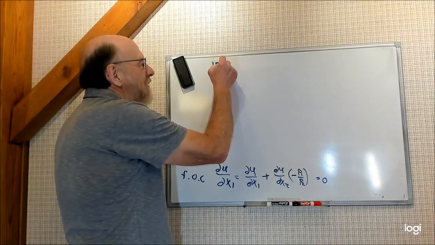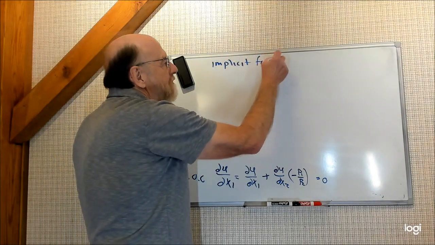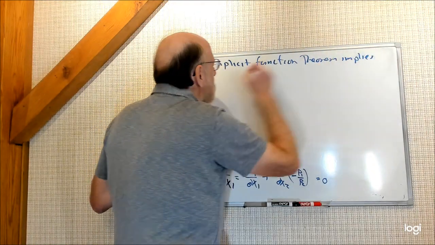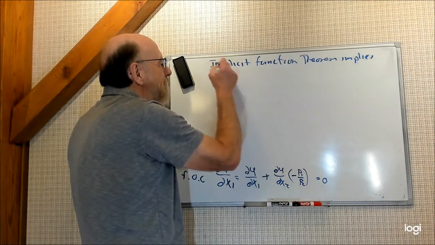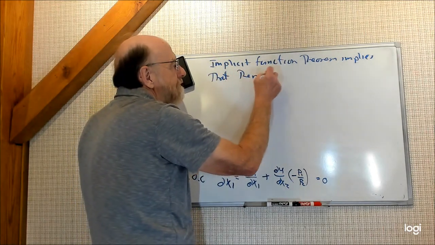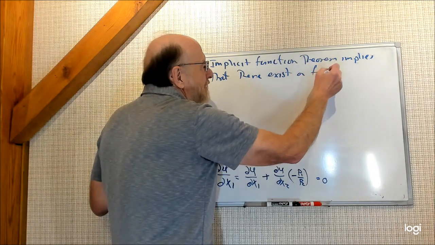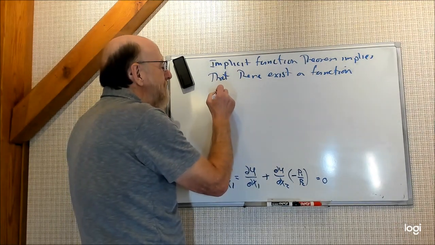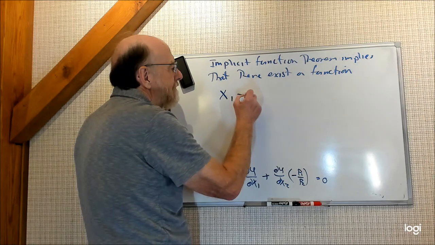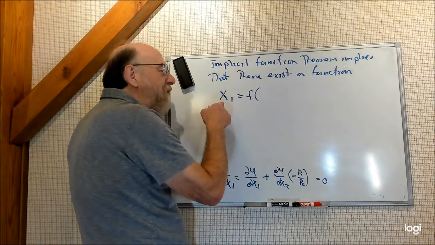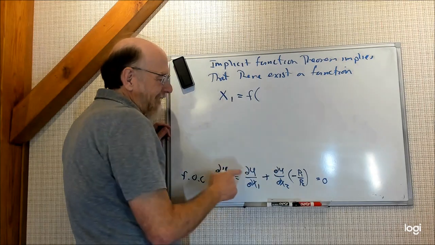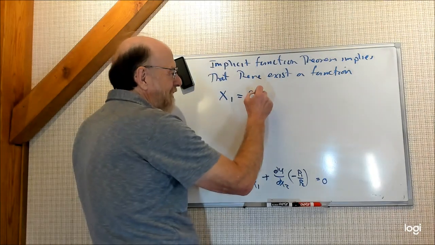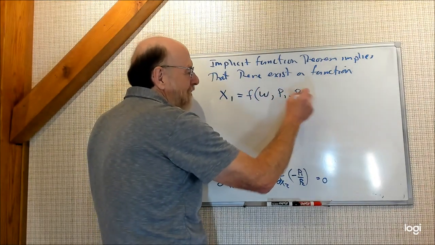Now the implicit function theorem implies that there exists a function, you can name it whatever you want to, where you isolate any one of the variables, and you have to remember that there are some variables that aren't actually completely evident, and we'll talk about that in a second, but it's going to be w, p1, p2.